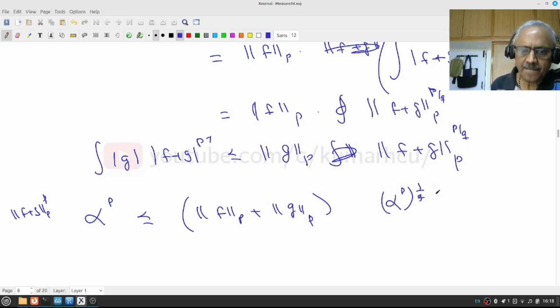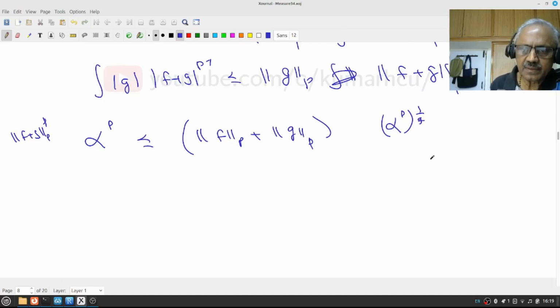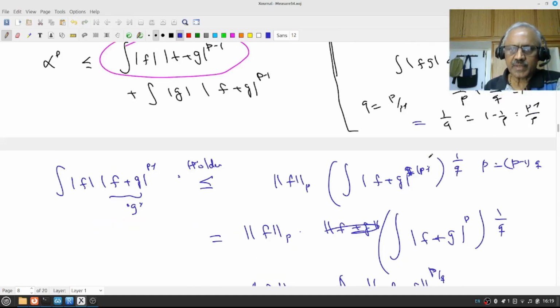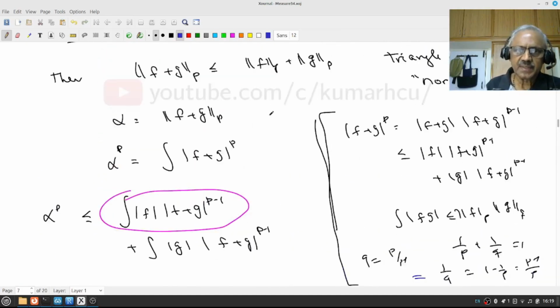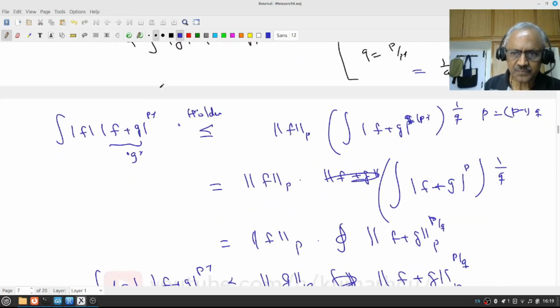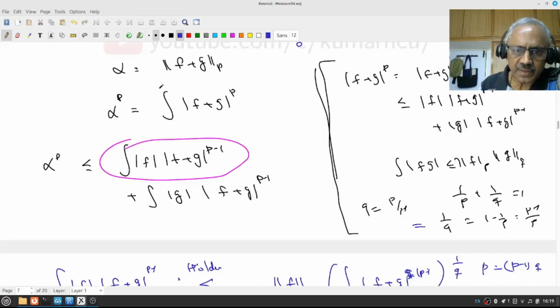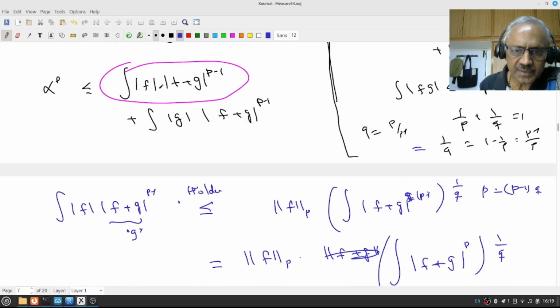Therefore, divide. And as usual, when I want to divide, if this is equal to 0, then this is also 0, therefore there is nothing to prove.